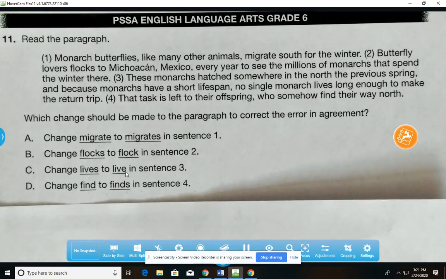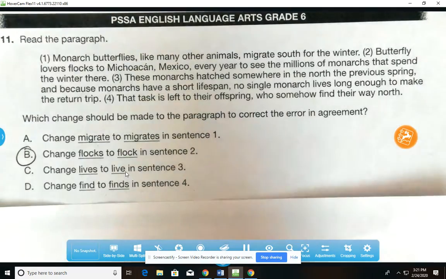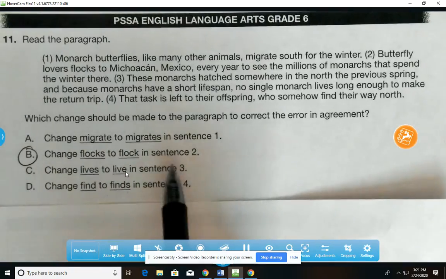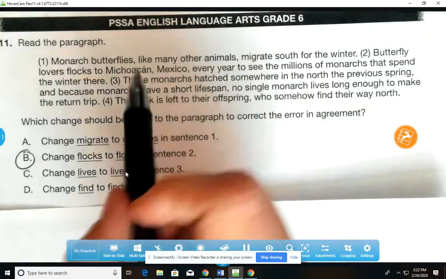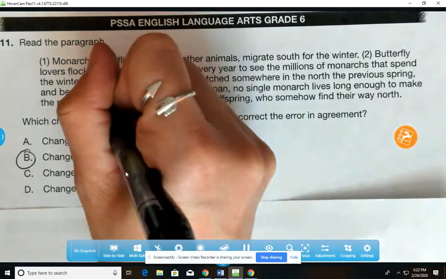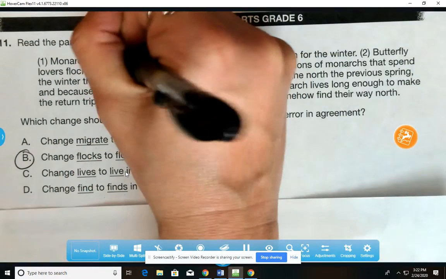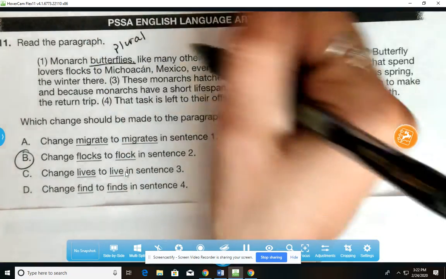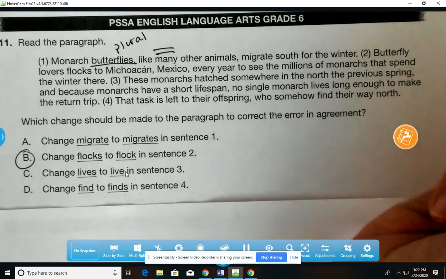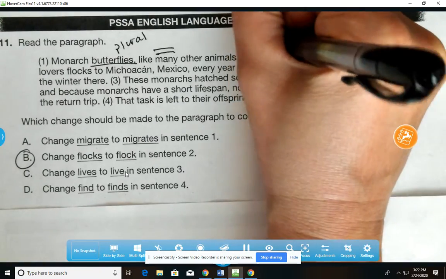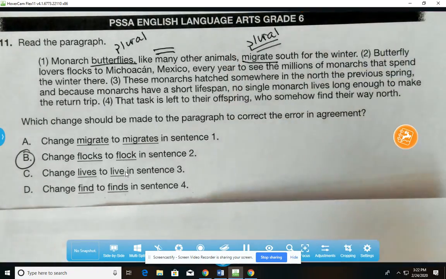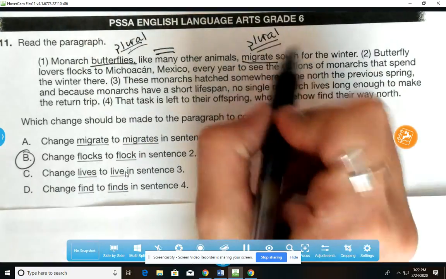Now for this one, the correct answer is B, change flocks to flock in sentence 2. Let's look at why. In this first sentence, we have butterflies as the subject. It's plural, and it's completely working with migrate, which is also in the plural form already. So they match, plural to plural.